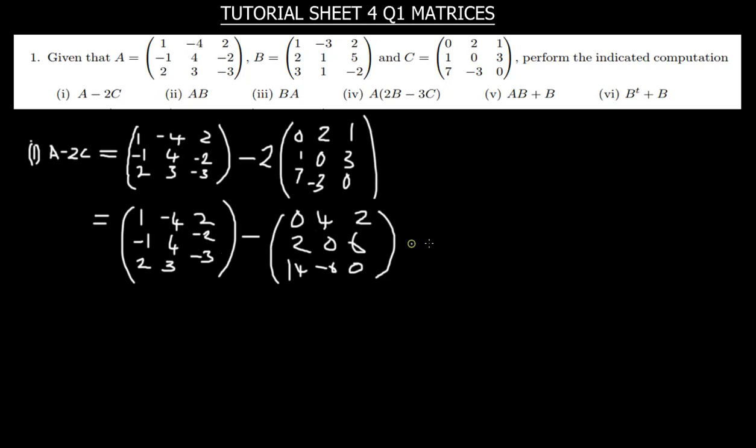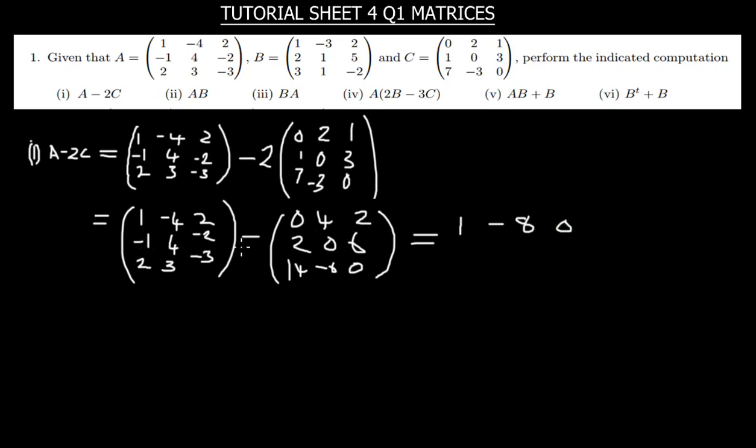So now let us work out the operation. So this 1 minus 0, the answer will still be 1. Negative 4 minus 4, it will give you negative 8. 2 minus 2, you get your answer to be 0.